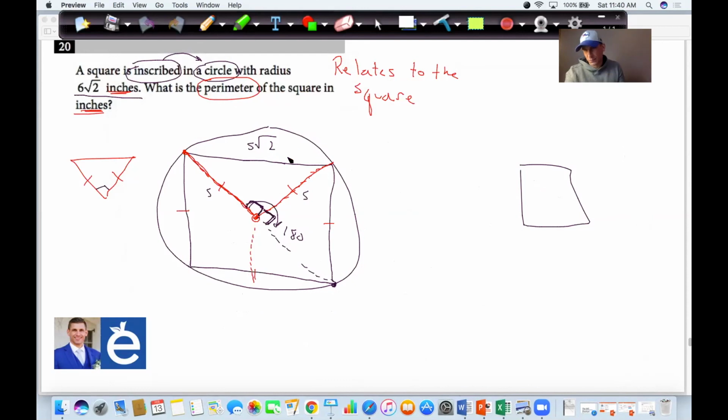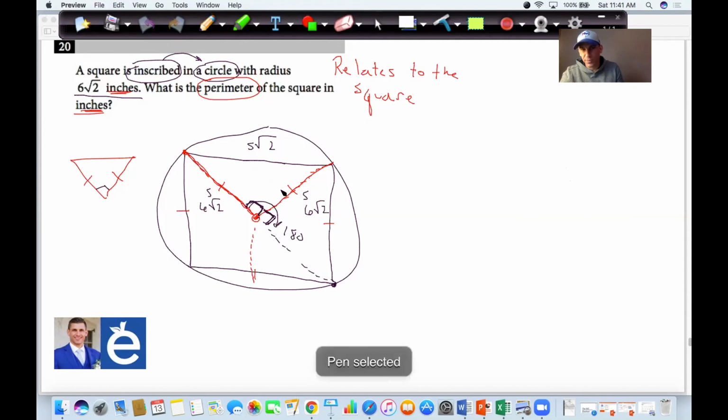Technically, this S here is the 6 radical 2, and this over here is the 6 radical 2. I can do this two different ways, and I'll show you both so it makes sense. Most of the time, if you remember special right triangles, then this will help you. So if this section here is S, and this section here is S, both being the radii of my circle, acting as partial diagonals of the square, then this becomes my 6 radical 2 times my other radical 2.